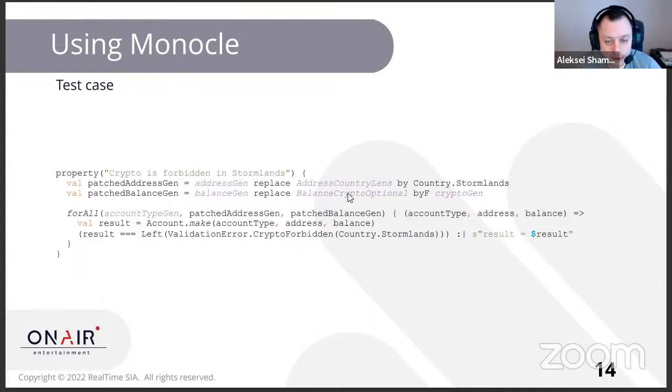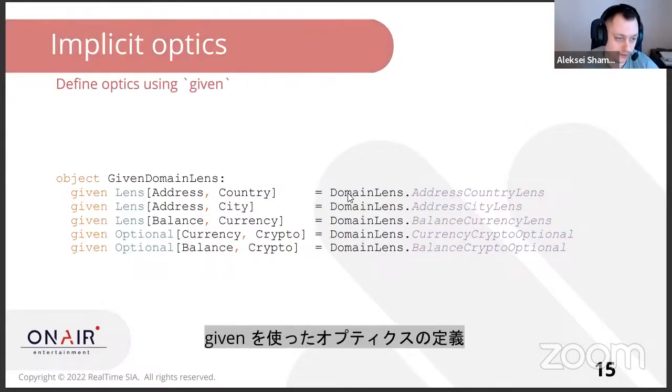So, but we can write this code just a bit shorter if we define our optics as implicits. Basically, these are the same optics as before, but they are redefined as implicit values using this keyword given from Scala 3.